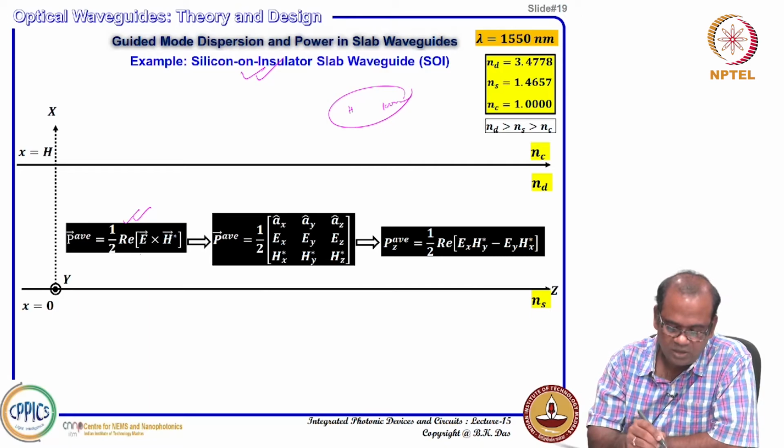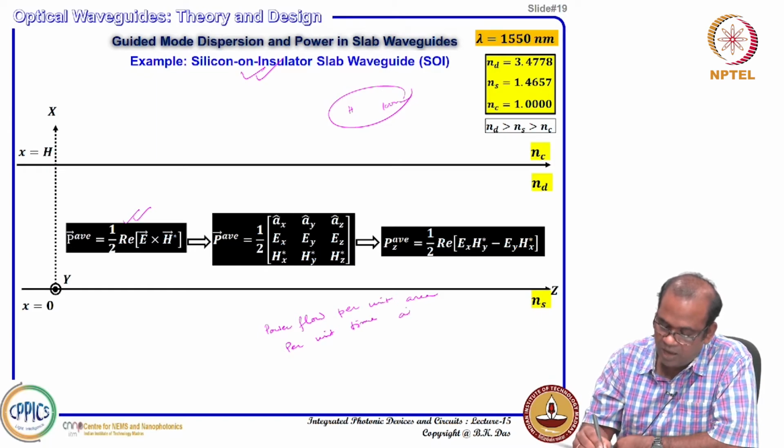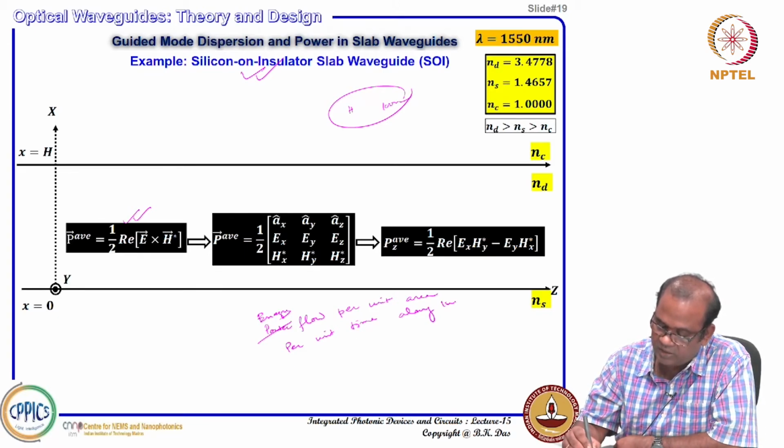The Poynting vector is defined by energy flow per unit area per unit time along the propagation direction.